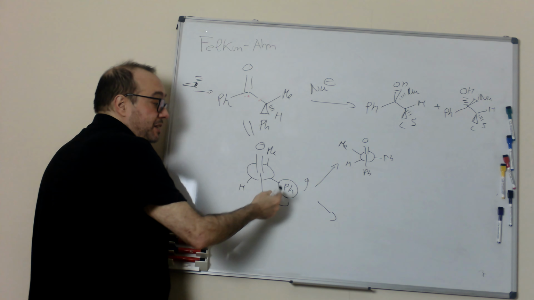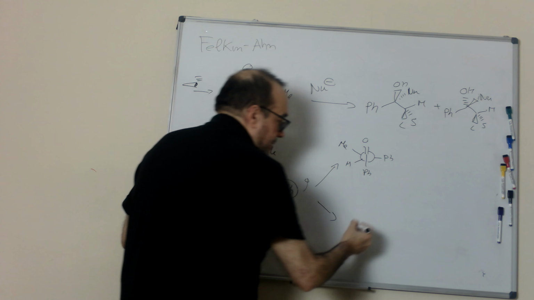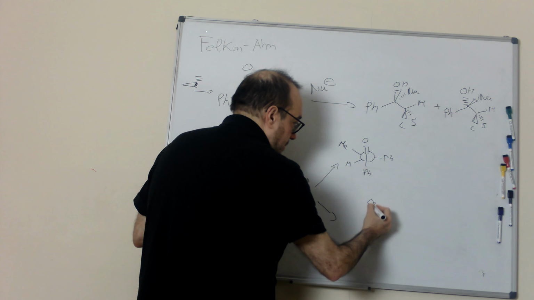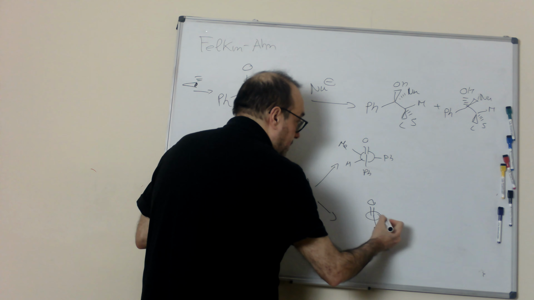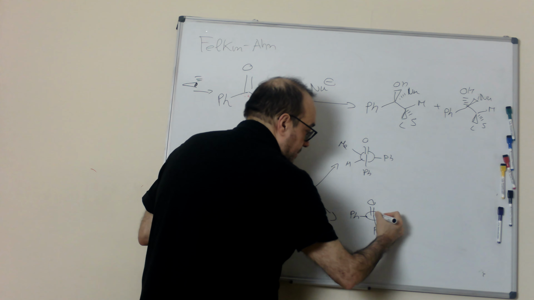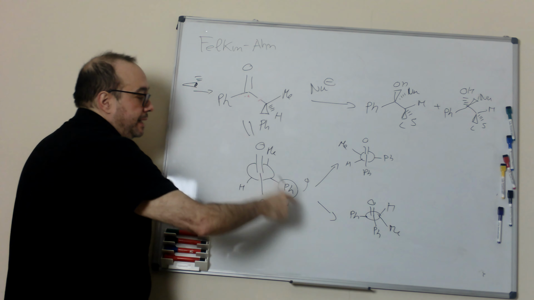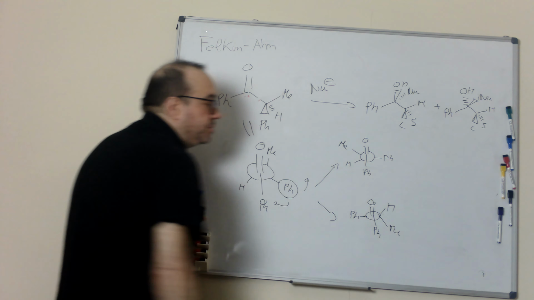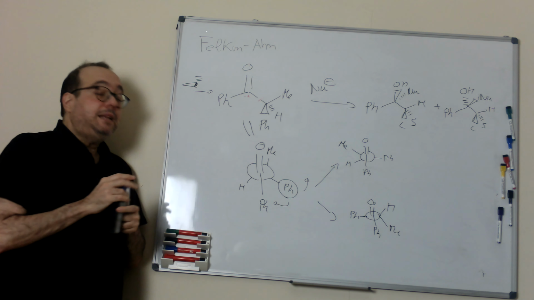If I do the opposite, that means I put the phenyl perpendicular but in this direction, I rotate this and then the methyl is going down and the hydrogen is going up.